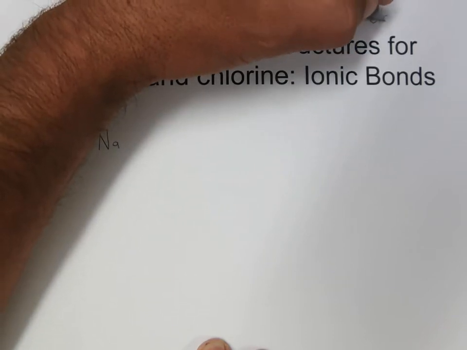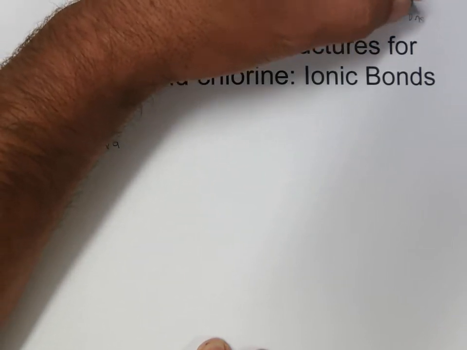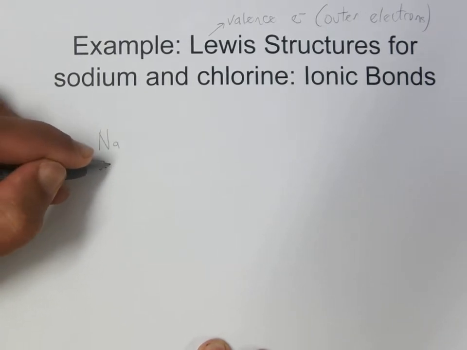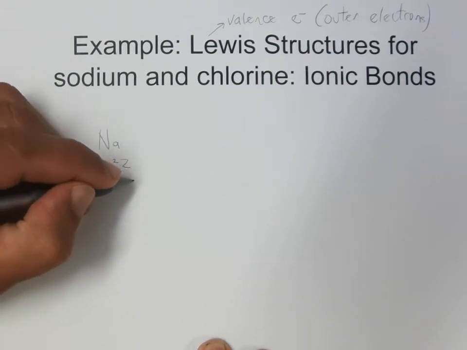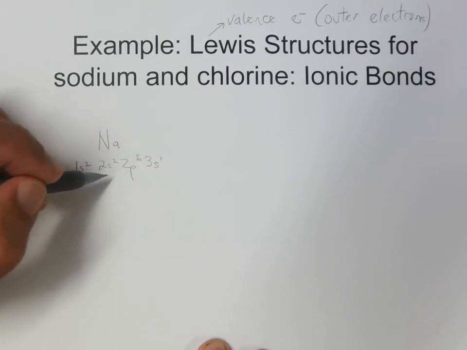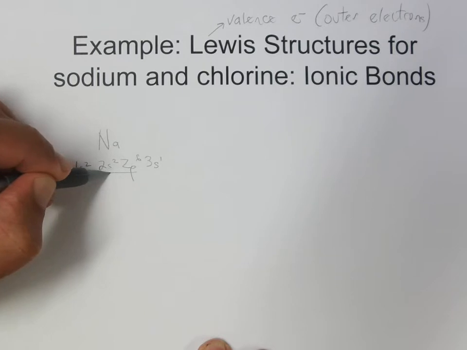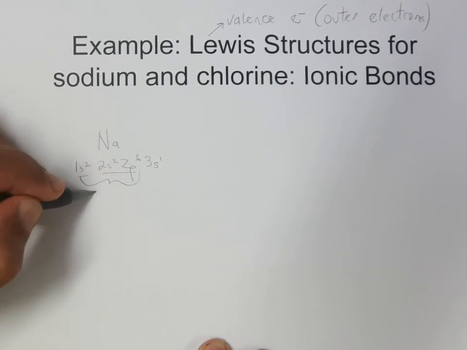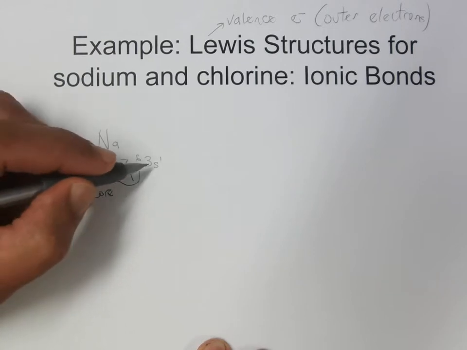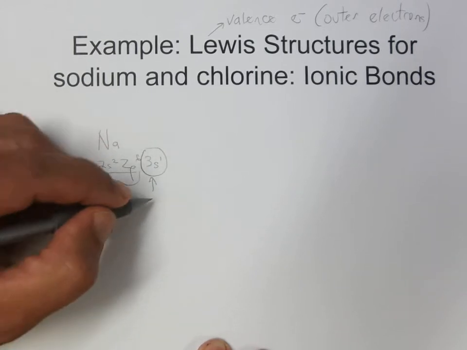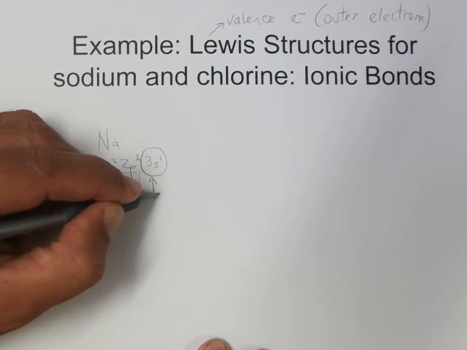If we look at sodium, 1s2, 2s2, 2p6, 3s1, the first and second energy levels are the inner energy levels, or we would refer to this as the core. And then the electrons in the outer energy level are the valence electrons.